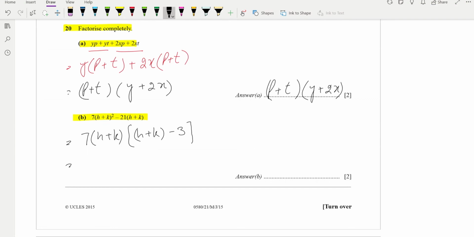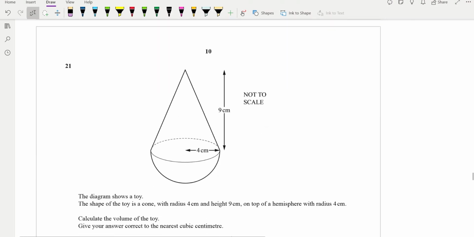So now inside this bracket we can open, so 7 into h plus k, and this will be h plus k minus 3, and this will be our final answer, h plus k into h plus k minus 3. This will be the final answer. Hopefully you are understanding each and everything.